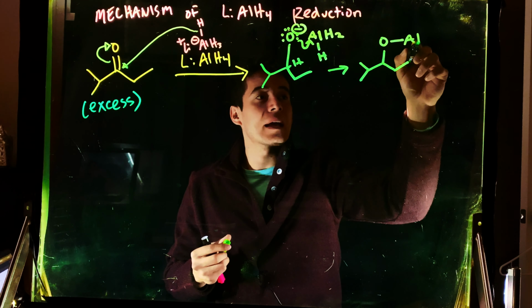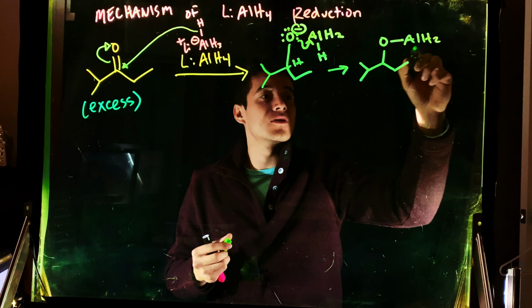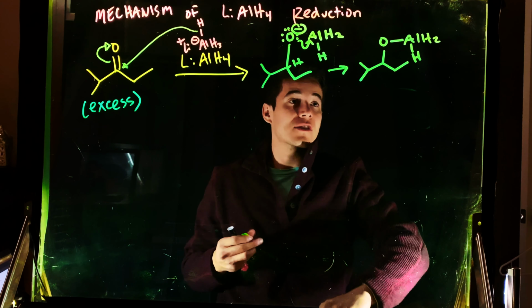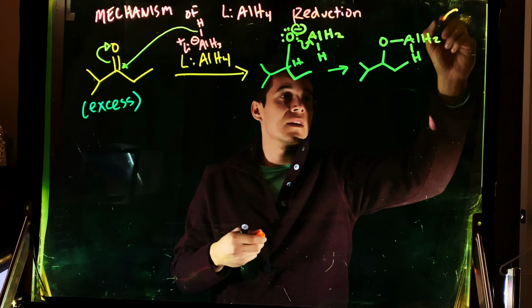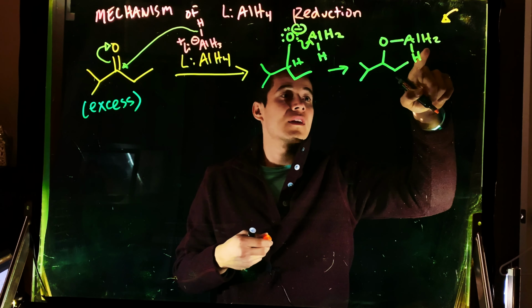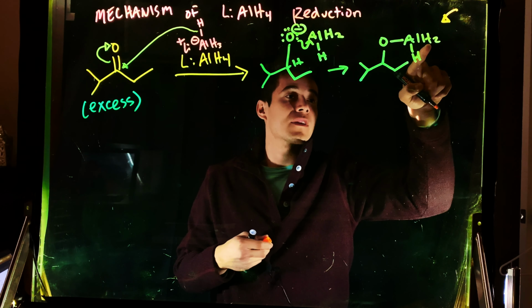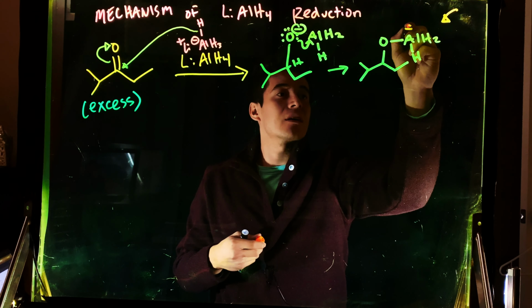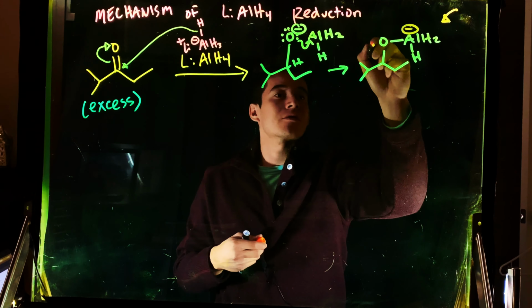O, Al, H3. Now notice, this structure up here, this aluminum with 4 bonds, aluminum with 3 hydrogens and another oxygen. That's going to make this aluminum negatively charged, okay?